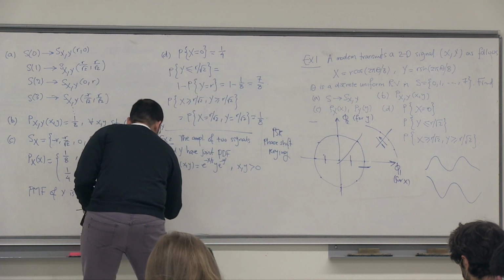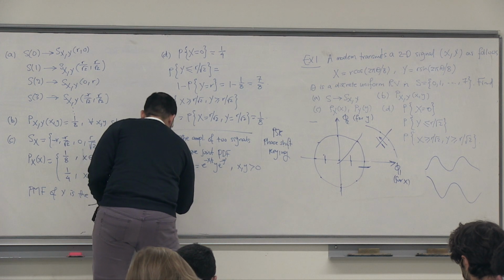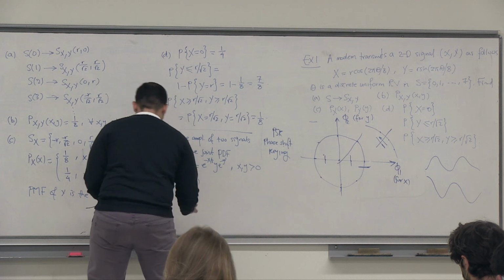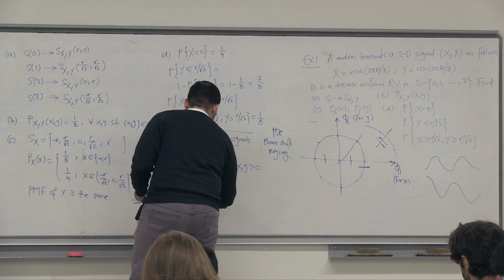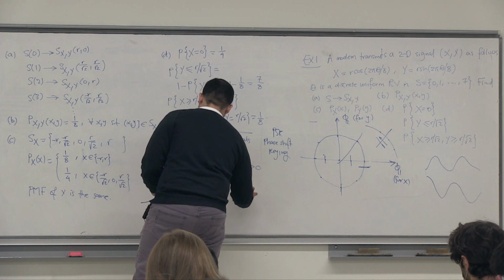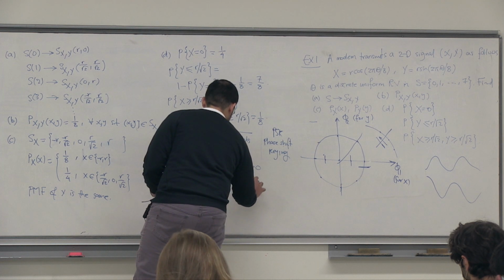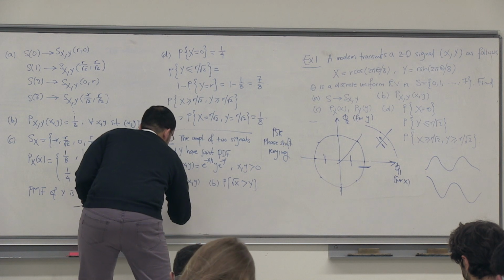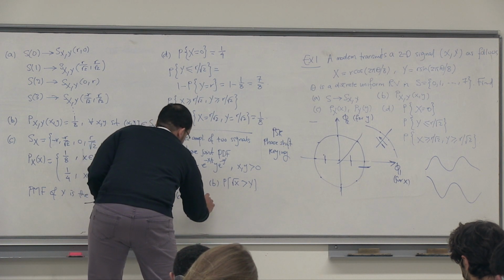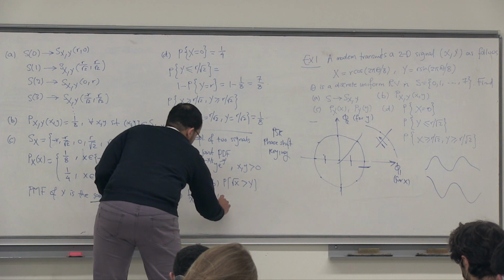We want to find the joint CDF F_XY(x,y). We will want to find the probability that square root x is greater than y, and we want to find the marginals, f_X(x) and f_Y(y).